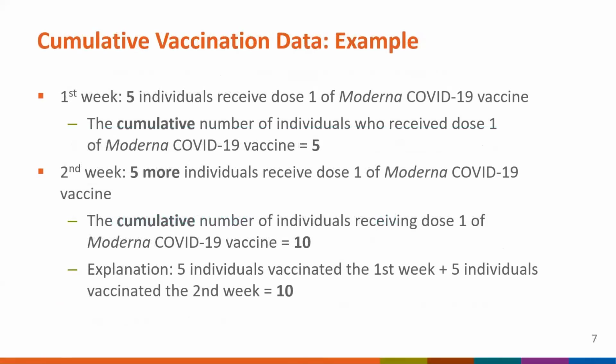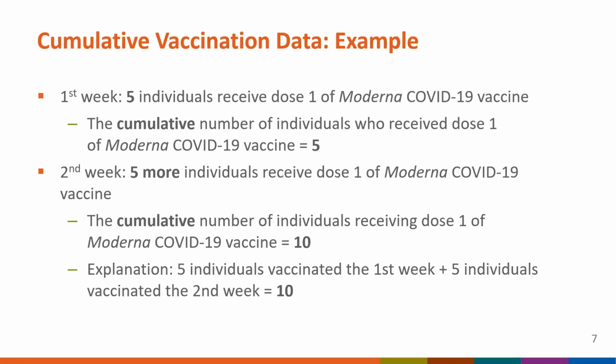So let's go over an example of reporting cumulative vaccination data. In the first week of data reporting, 5 individuals received dose 1 of the Moderna COVID-19 vaccine. So for the first week of reporting, the cumulative number of individuals receiving dose 1 of the vaccine is 5.